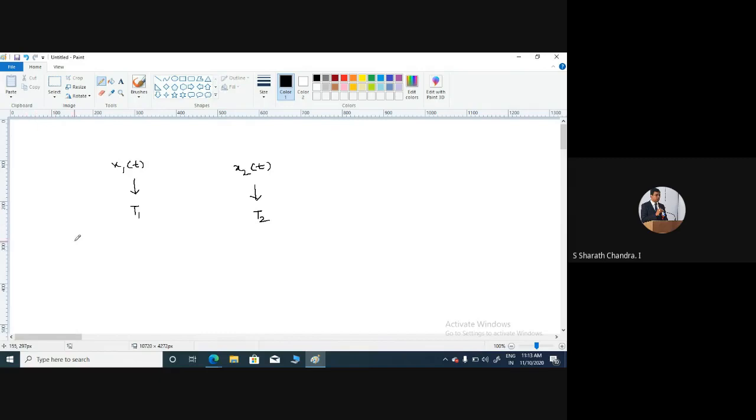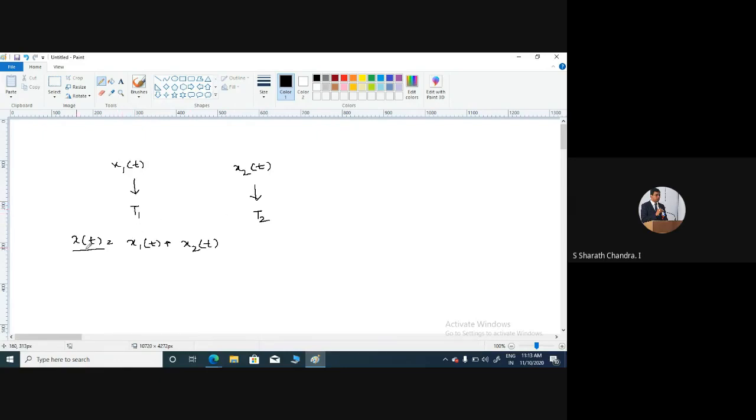Now I consider the sum x of t, equal to x1 of t plus x2 of t, and I intend to prove that this x of t will be periodic if and only if the ratio of these two periods, T1 by T2, is a rational number.